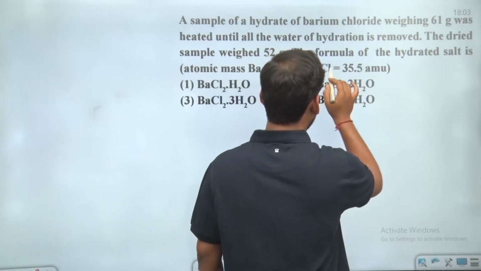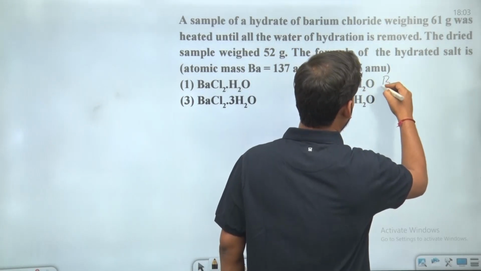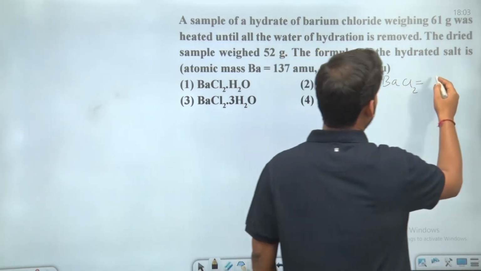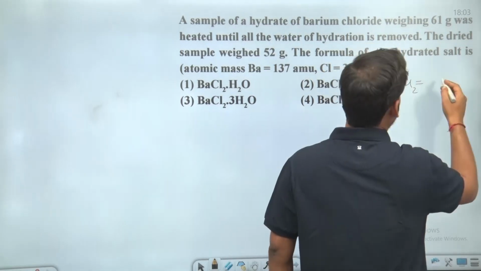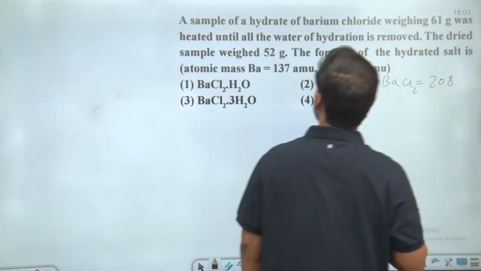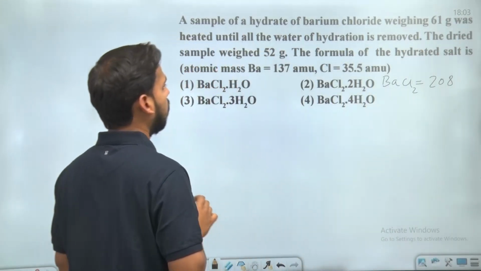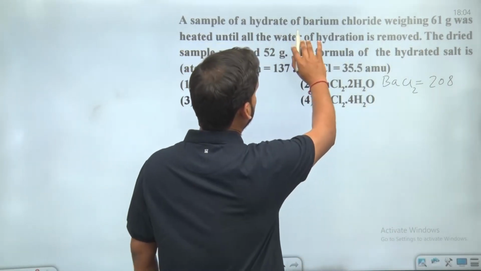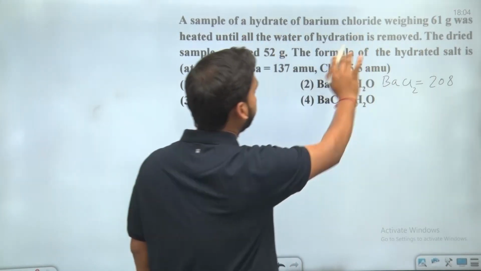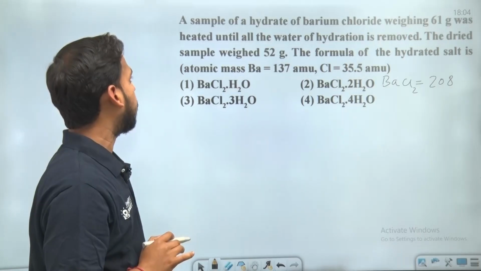So from here the barium chloride molecular mass will be 208.